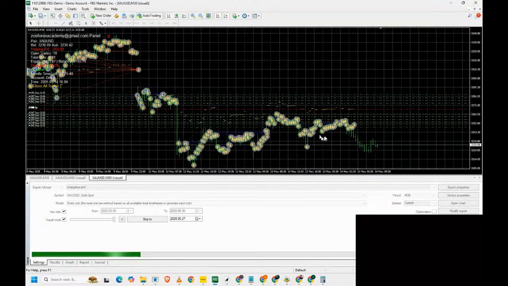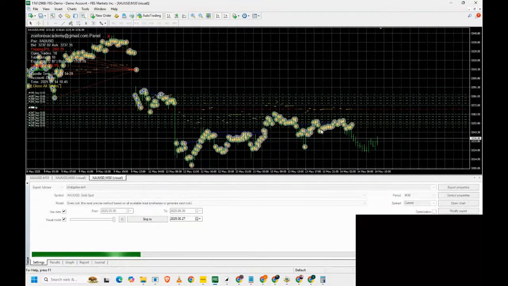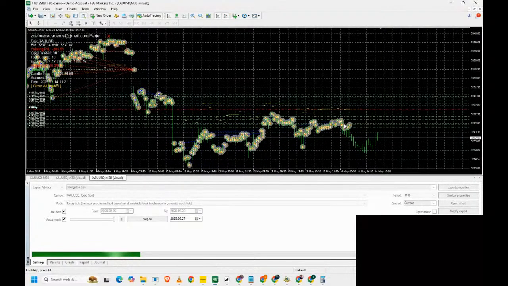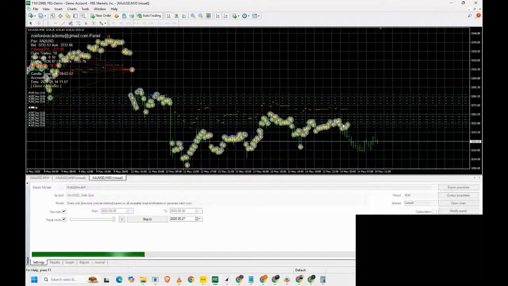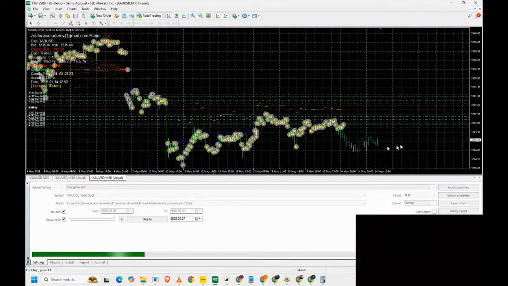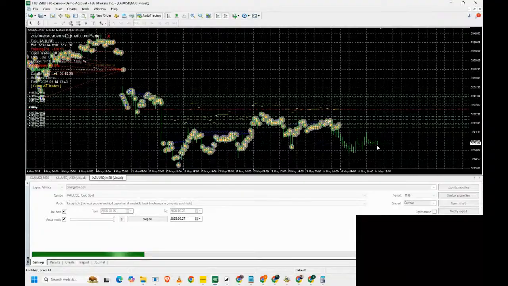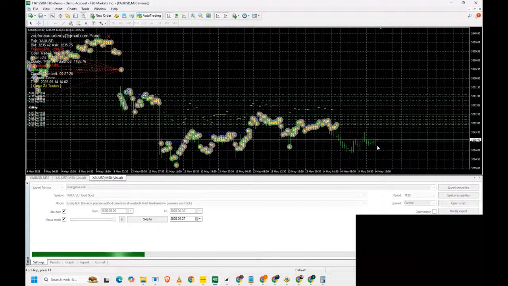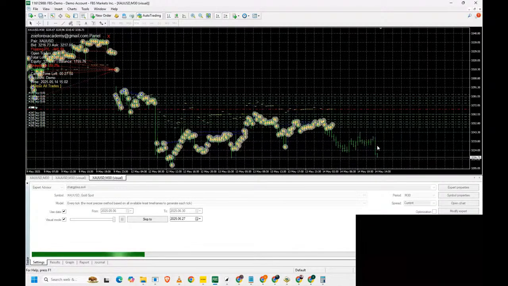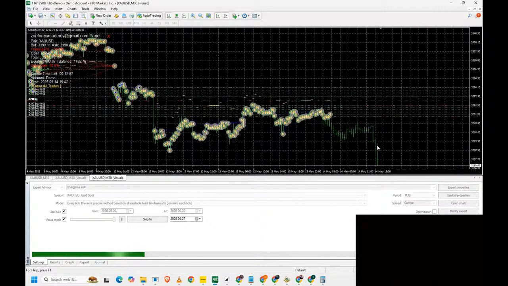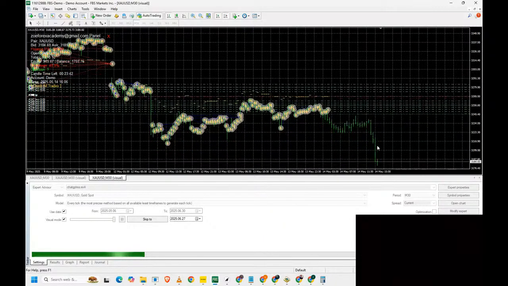And by the 13th of May, which is around where my cursor is, you find out it would have taken a lot of trades on the 14th and made a lot of profit between this space. But because this is the strategy tester, I did not do that, so we can just see.